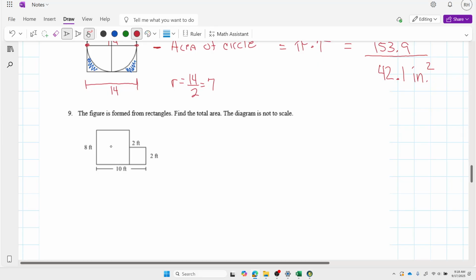They're calling them rectangles, but we can label this area 1 and area 2. Total area, we can say total area equals area of 1 plus area of 2. And the area of a rectangle is equal to length times width.